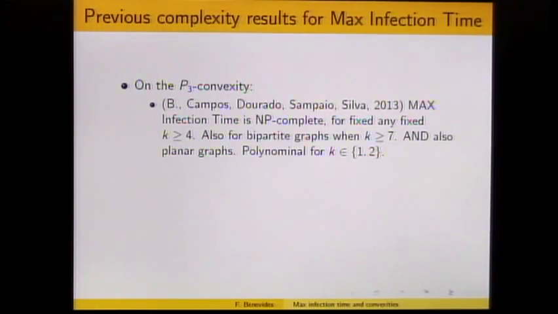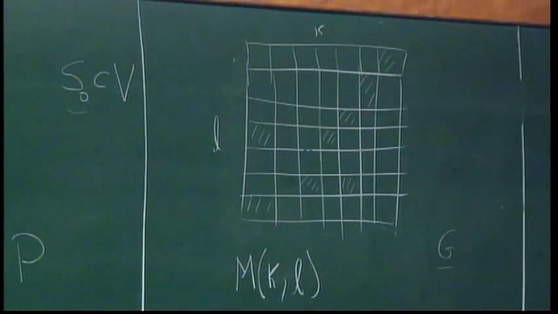So the first one was, now you are not in the grid. Now you just have any graph G. And the question is, given the graph G and given some parameter K, can you find the maximum infection time? Or is the maximum infection time at least K or not?